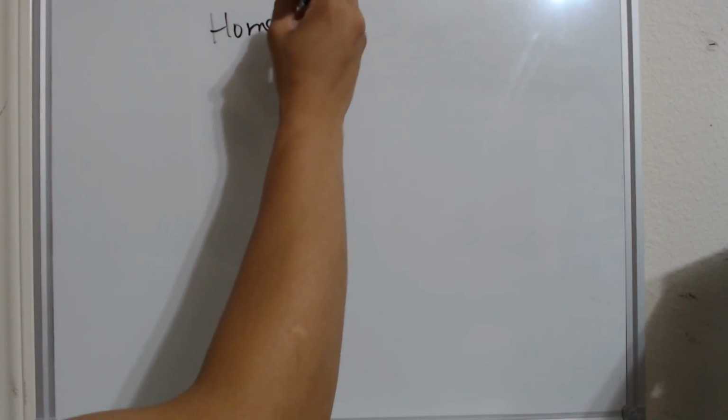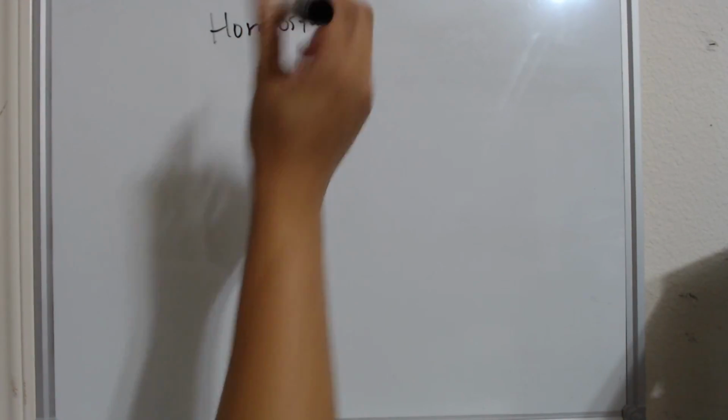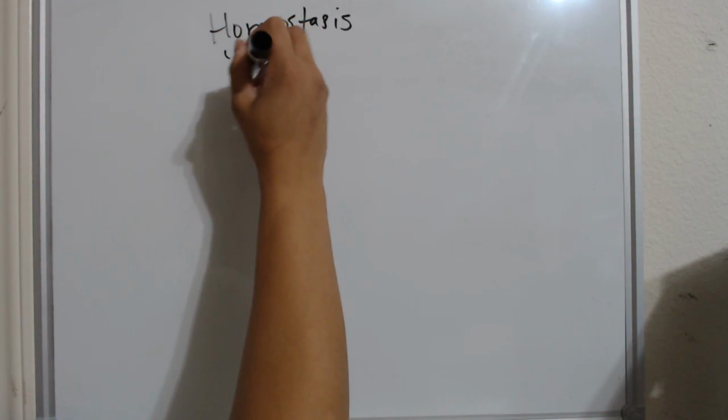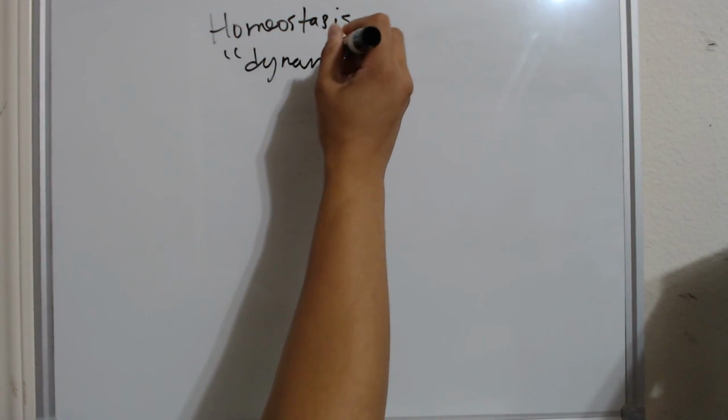Now let's begin. The first thing we talked about is homeostasis, because homeostasis is how the body is not dead. Homeostasis is described as dynamic constancy.